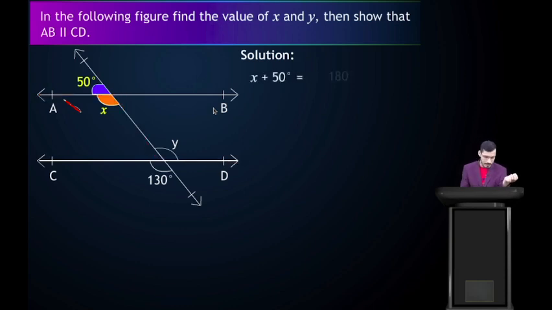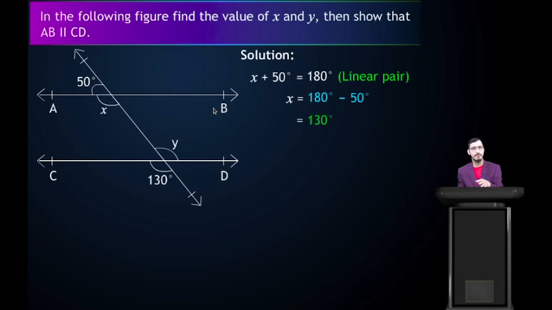In this part you can see 50 plus x, that is linear pair. So 50 plus x is equal to 180 degree, so we can find out x here. x equal to 180 minus 50, so x equal to 130 degree.